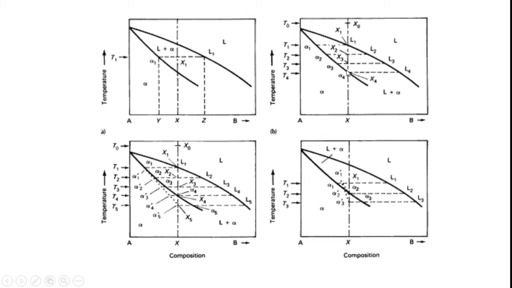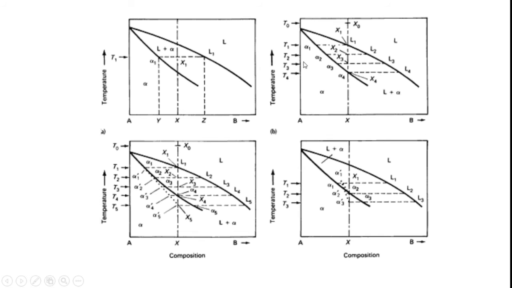After that, what is the meaning of length of line alpha 1 L1 from the phase diagram? Yes, alpha 1 to L1, alpha 2 to L2, alpha 3 to L3, alpha 4 to L4. Likewise, we can study the length of line alpha 1 to L1 with this phase diagram.